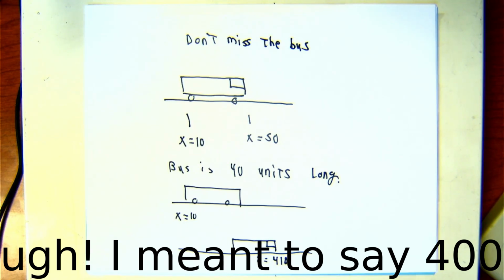This is apparently contradictory until you ask that second person the details of what all was going on. So the first person measures the x-coordinate of the left end to be 10, and the second person went off and had a coffee break, came back and measured the x-coordinate of the right end. Unfortunately, the bus was rolling down the street, so this doesn't give me a good measure for how big the bus is.